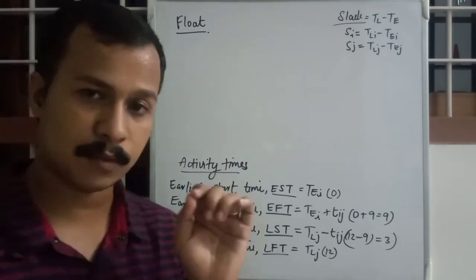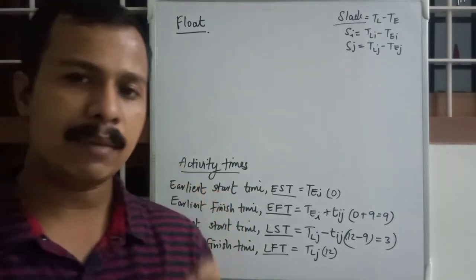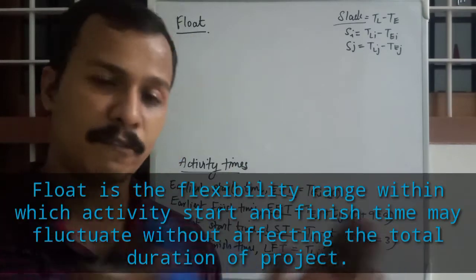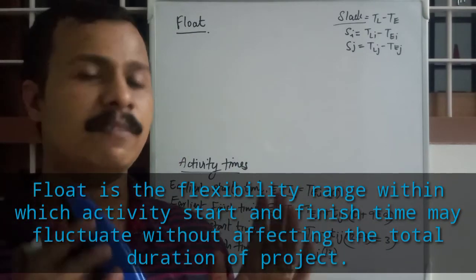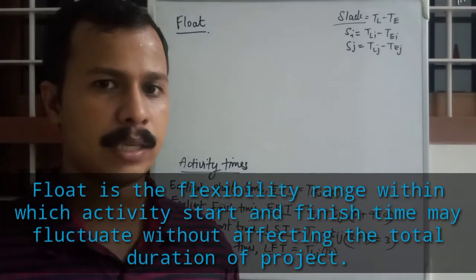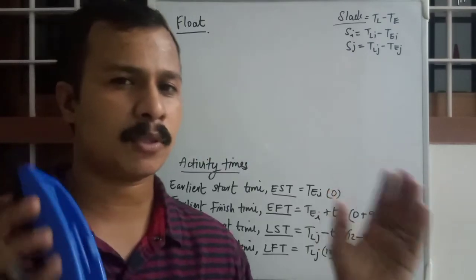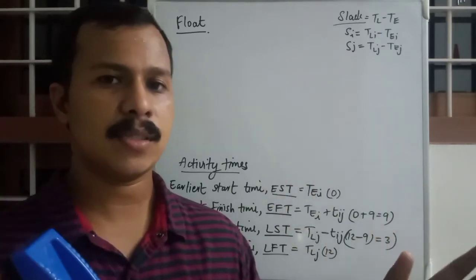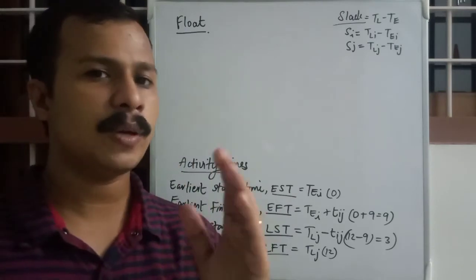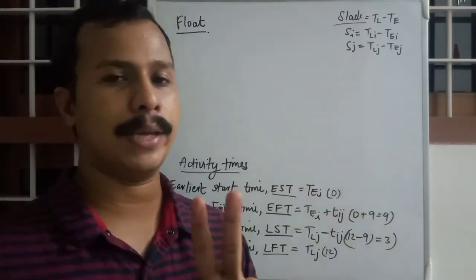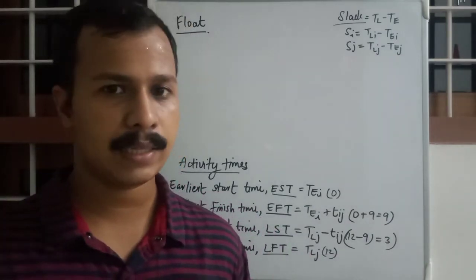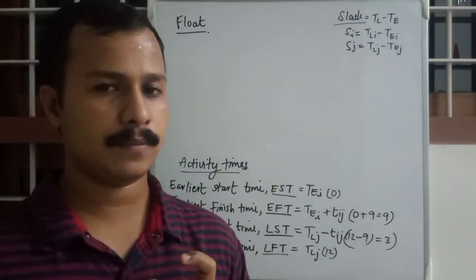So float is the time by which an activity can be delayed or fluctuated without affecting the duration of the project. Okay, so if the total project period is 11 weeks and there is a float of 2 days, you can delay that activity for 2 days without affecting the total time period of 11 weeks. Okay, so that is float.